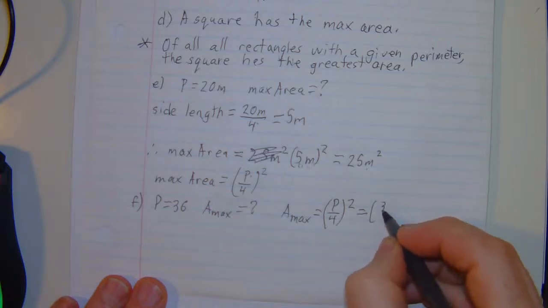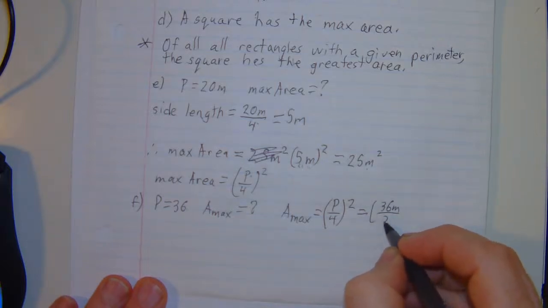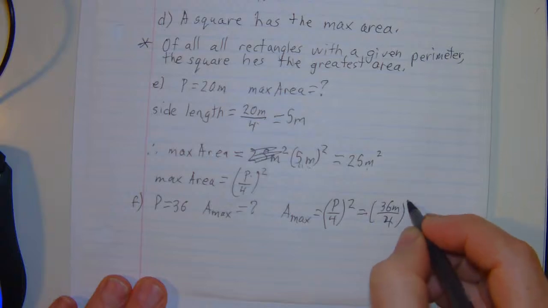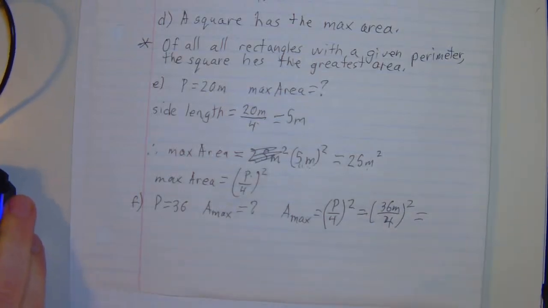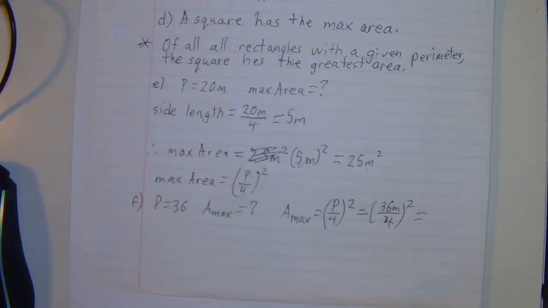So in this case, perimeter is 36 meters over 4, squared. 36 divided by 4. Let me know in chat, what is 36 divided by 4? And then once you tell me what 36 divided by 4 is, tell me what that squared is.